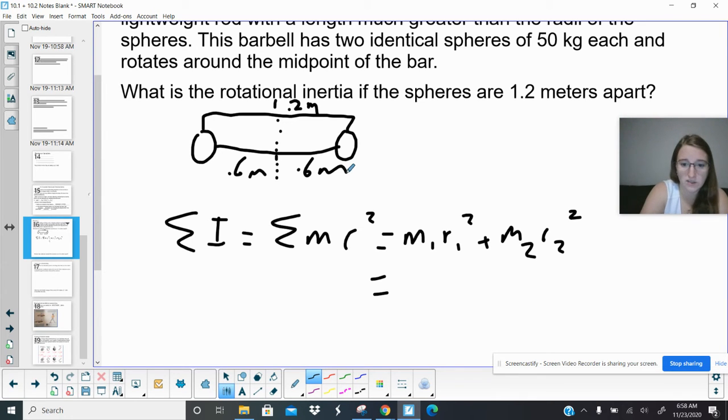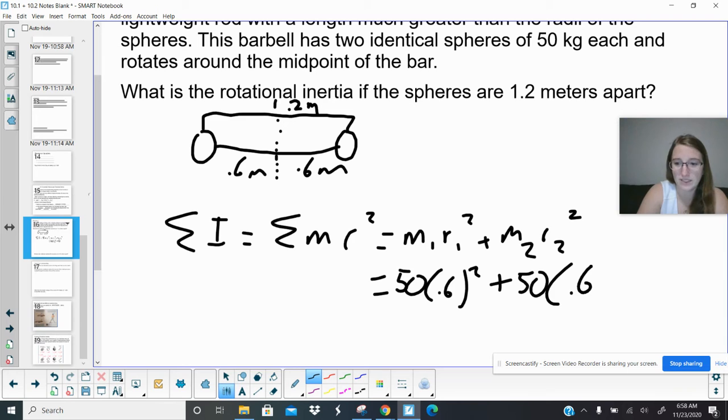So the mass of one sphere is 50 times 0.6 squared plus, hey, it's the same thing, 50 times 0.6 squared. If I chose to move this center of rotation, that would change the distances I would use.